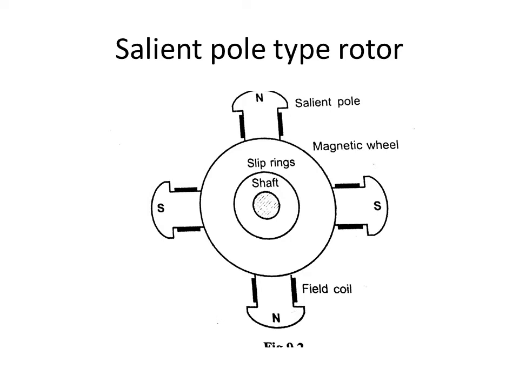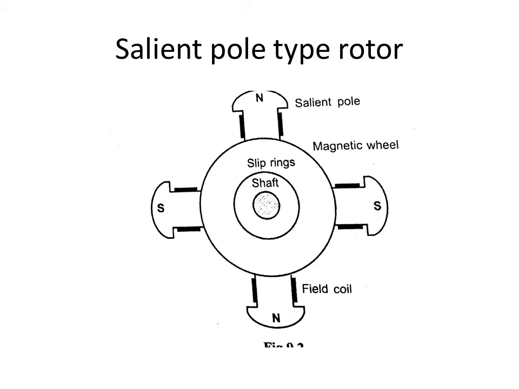The rotor of the alternator is classified into two types: salient pole type rotor and non-salient pole type rotor. What is the difference between them? Only the rotor part of the alternator is classified into salient pole, also called projected pole type, and non-salient pole, also called cylindrical pole type.